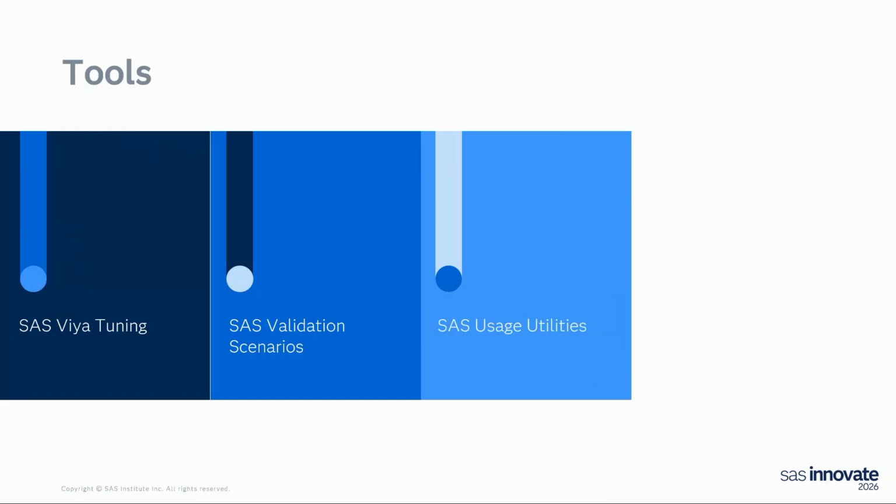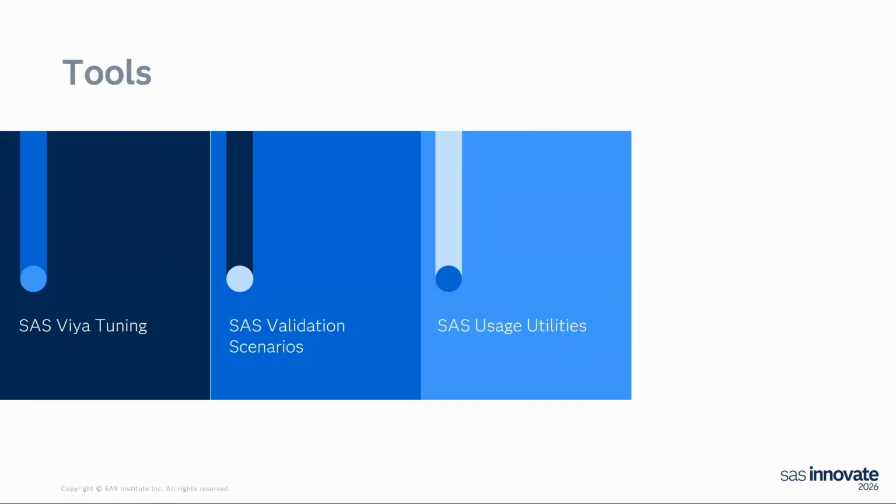Thirdly, SAS usage utilities. That's a rather small repository at the moment, but it's basically a collection of scripts that we've developed to get information about the usage of your Viya environment. And we base that on the auditing information that the Viya environment gathers automatically. And those scripts basically just extract that information from the audit API that is already available and gather a number of interesting facts about your environment in a more easily consumable way.